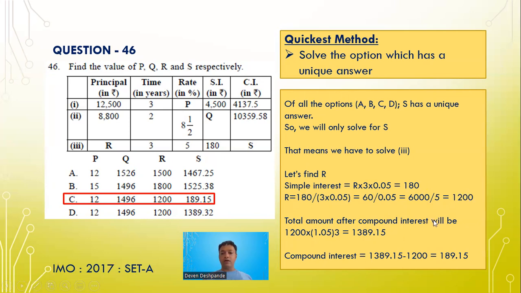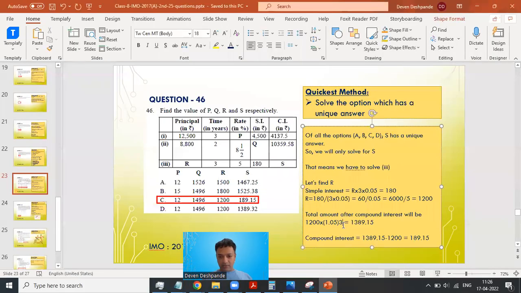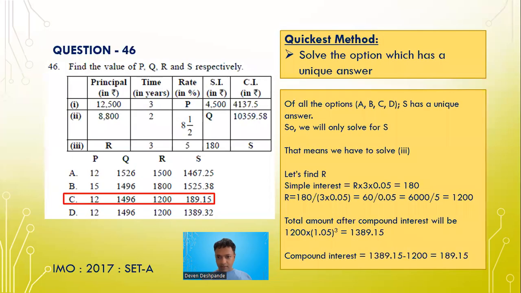So total amount after compound interest, we have to find S, isn't it? It will be 1,200 into 1.05 raised to 3. And 1.05 raised to 3 multiplied by 1,200 is 1389.15.